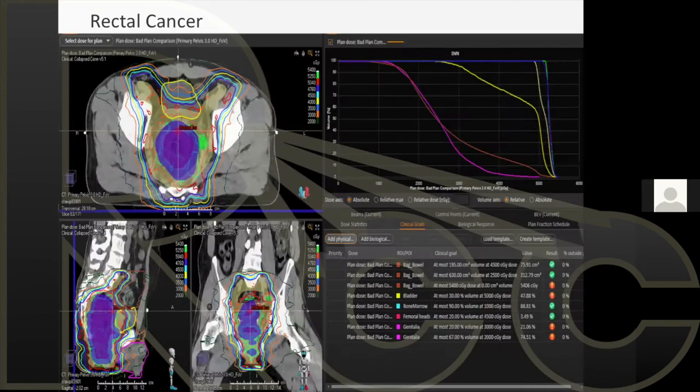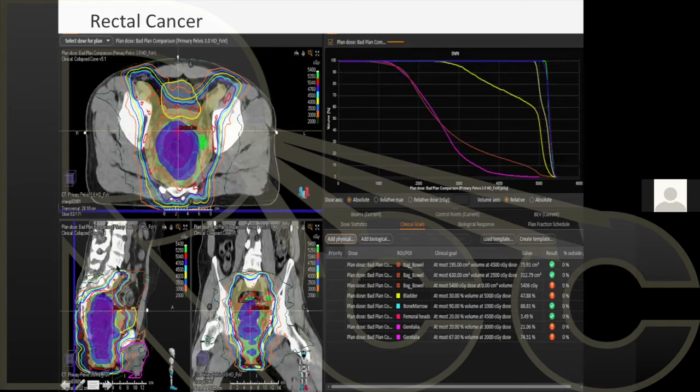Moving on, let's look at this rectal case. We've already talked about the rectal case. Most of the time, these patients are treated prone. The key is you're going to treat the whole rectum, so the rectum is not even a normal tissue you're going to worry about. What you're going to worry about is your bladder, your femoral necks, and your small bowel.